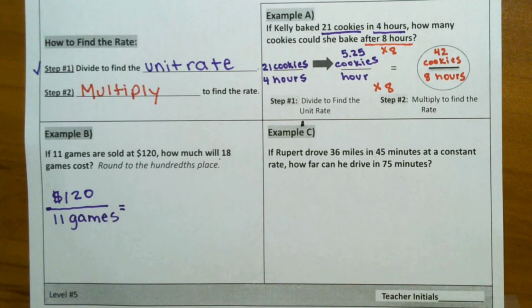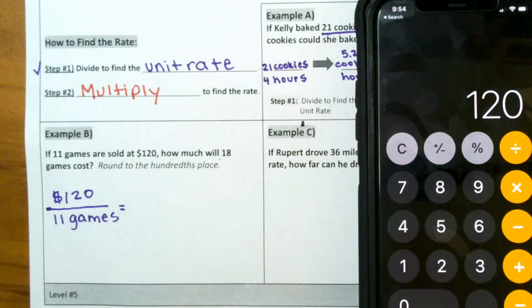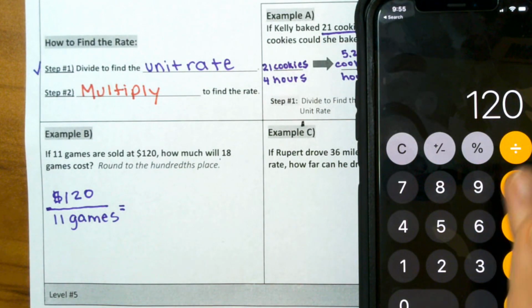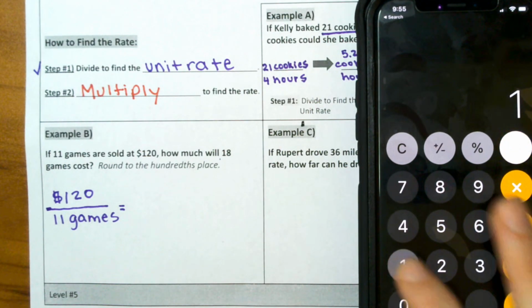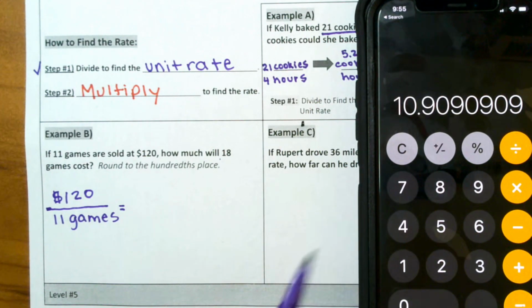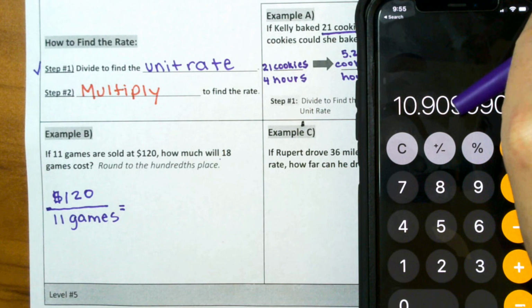Now, today, if you get a decimal as your answer, we're rounding to the hundredths place, which is two numbers to the right of the decimal. So if I do 120 divided by 11, I know that my answer is either going to be 10.90 or 10.91.